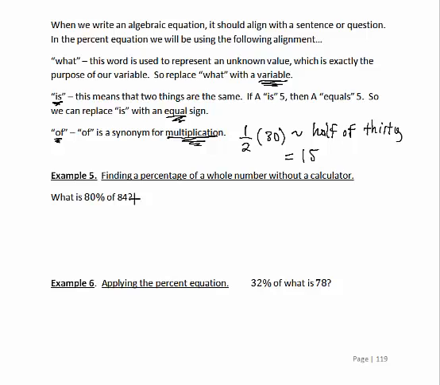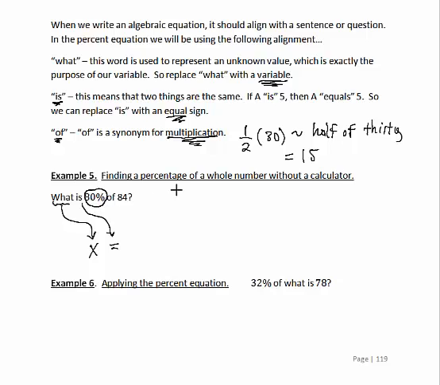So the first version we look at, what is 80% of 84? What is replaced with a variable x. Is is replaced by an equal sign. And now we take our percentage, and the number is 80. But we want to convert 80% to a decimal before we carry out any mathematical operations.